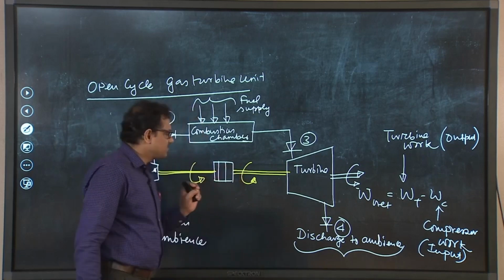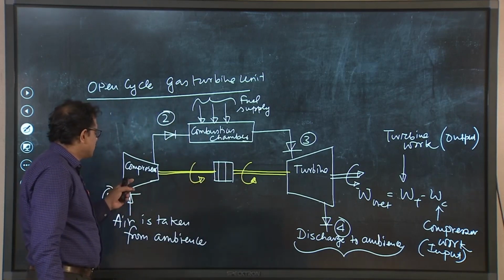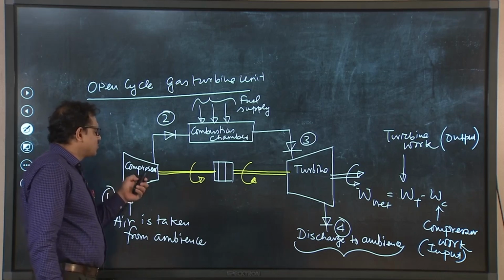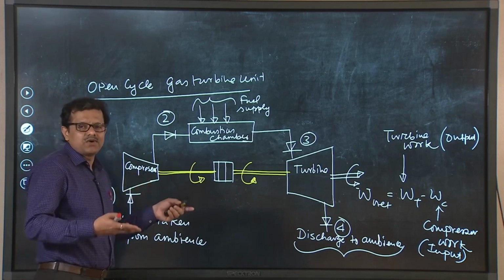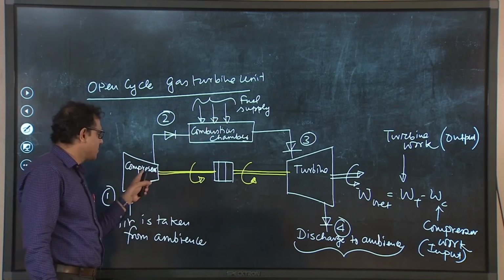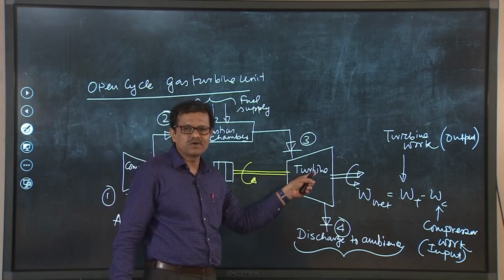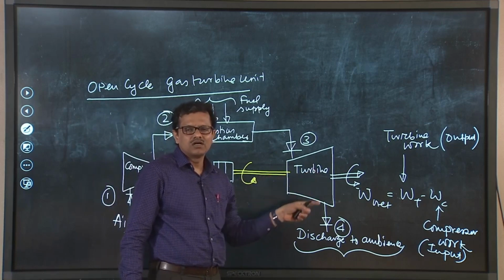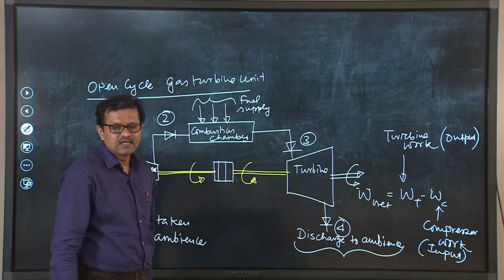Second thing is that though we could map, or we will map, the processes by a reversible adiabatic process. What are those processes? The compression process and the expansion process in the turbine, expansion of the gas in the turbine.